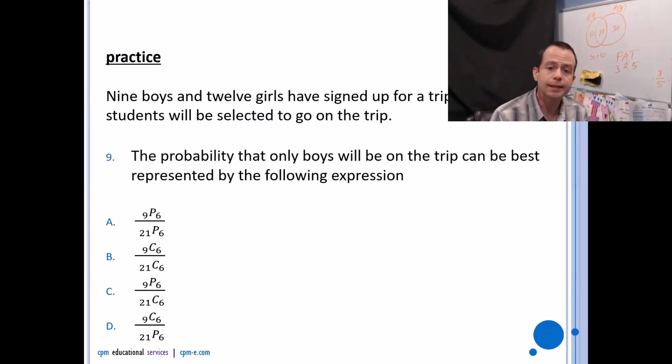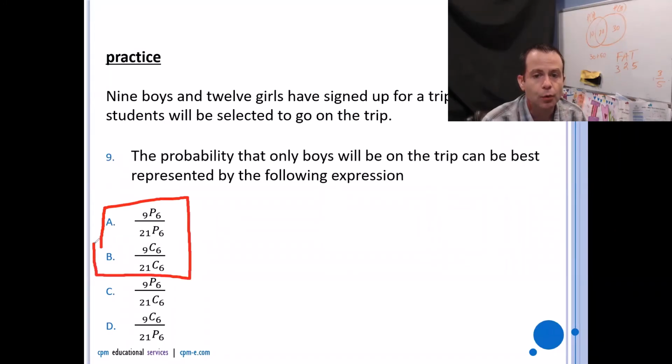Now, the reason I say they're directly testing you is because I want you to notice these two options here. One of them says 9P6 over 21P6, and the other says 9C6 over 21C6. Now, remember that probability is favorable outcomes over total outcomes. So in this example, my favorable outcomes is just getting the boys, and my total outcomes is all the kids, just taking 6 from all the kids.